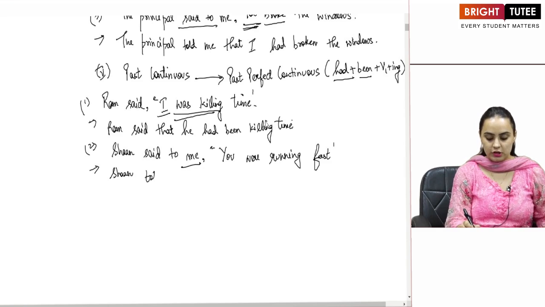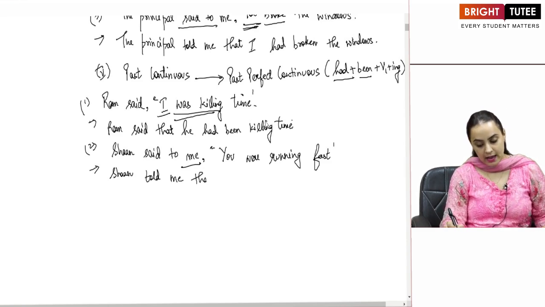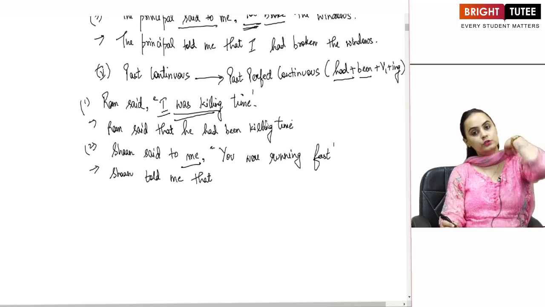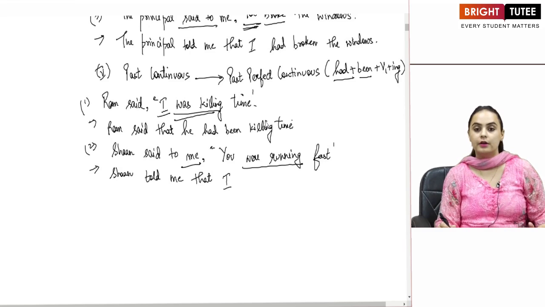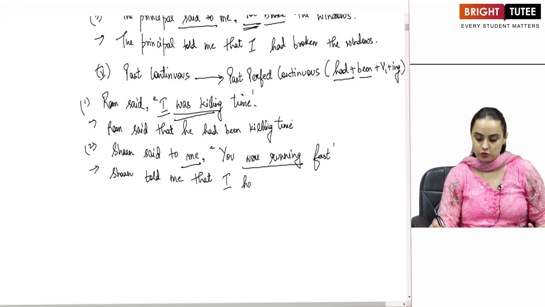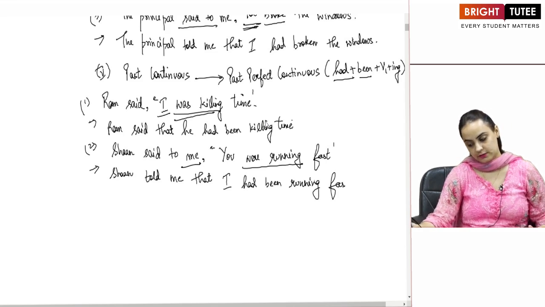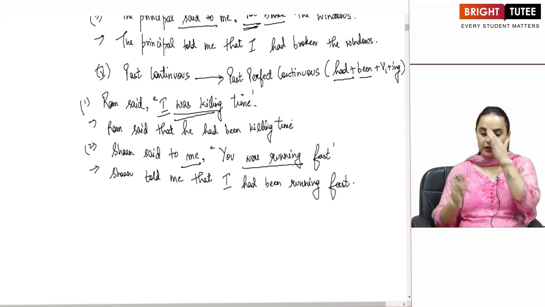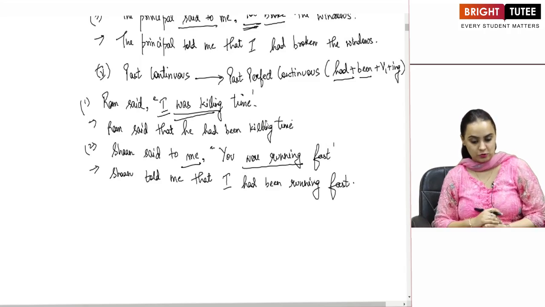So, said to changes to told me that, who is this you used for? I. So that I were running changes to had been running. Okay, so past continuous changes to past perfect continuous.